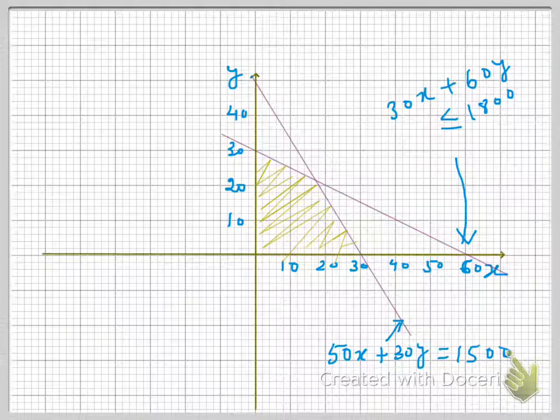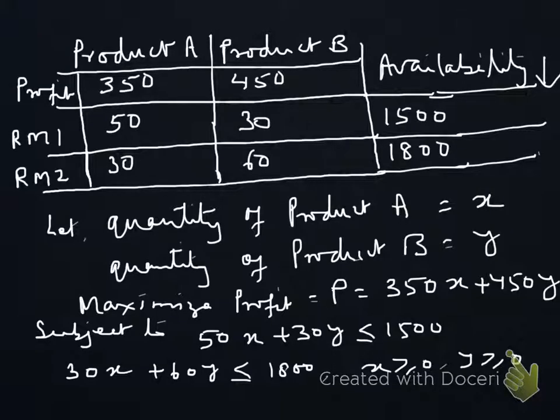So now here we have the feasible space. The optimum solution will be one of these points. Now let us see the objective function. The objective function is here.